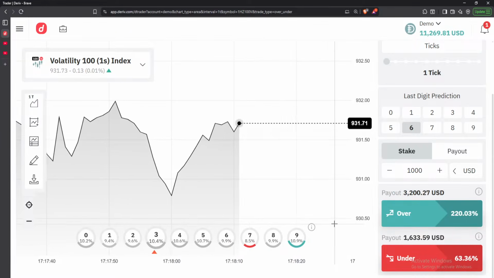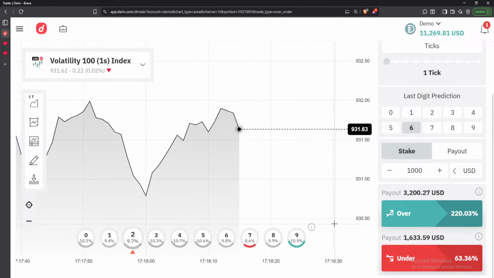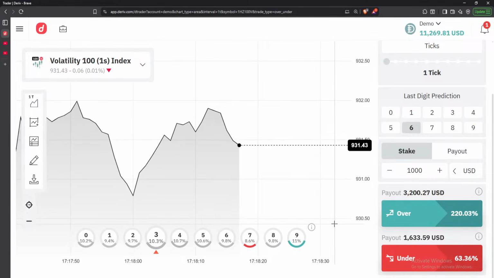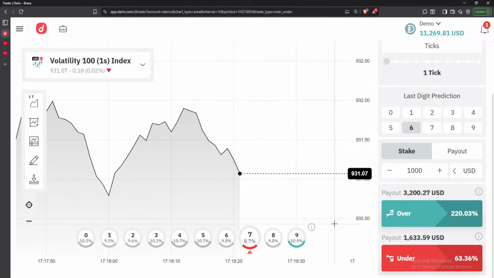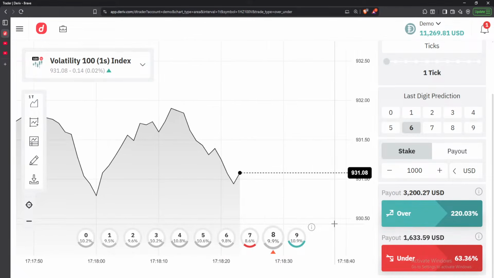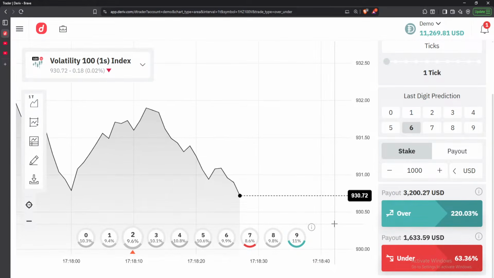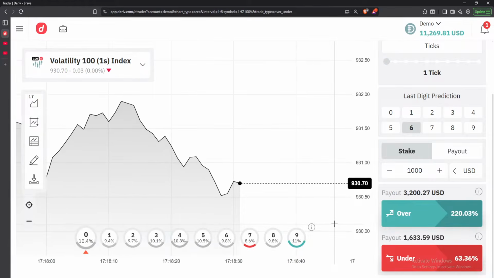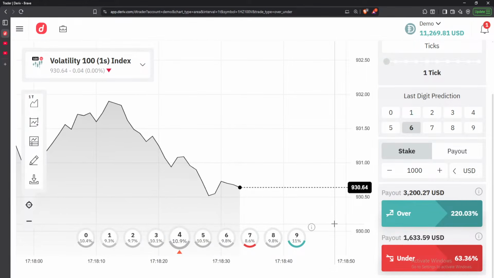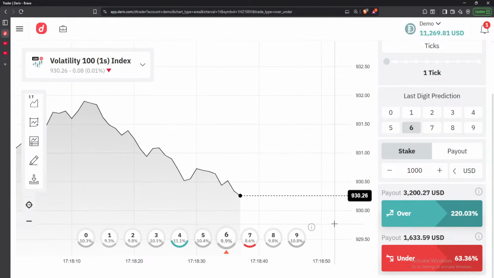And by the way, guys, anytime you open a volatility market and you end up seeing 2 green circles or 2 red circles, run away from that market. It shows you that the market is extremely unstable and volatile, and that will put you in a dangerous position.